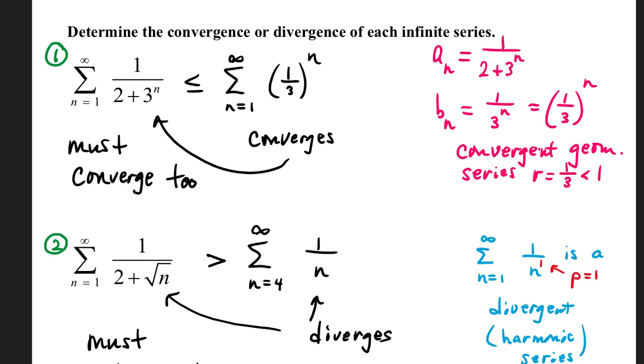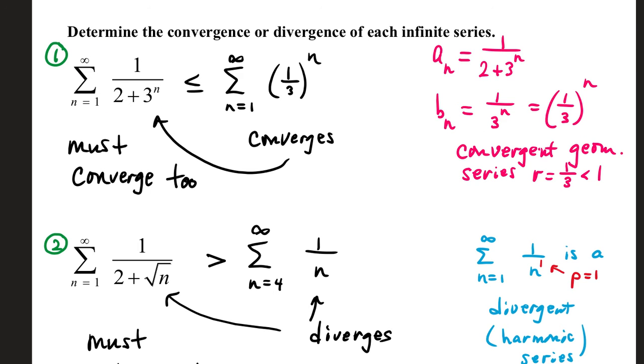So if I take off the plus 2, where it's 1 over 3 to the n, I have created a larger fraction that converges. Therefore, the smaller must converge. So this is a larger term in a convergent series. Therefore, the smaller term is going to make a convergent series as well.